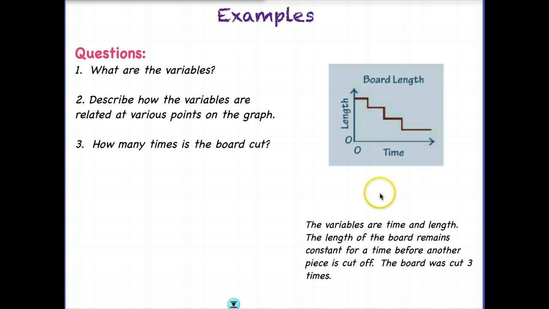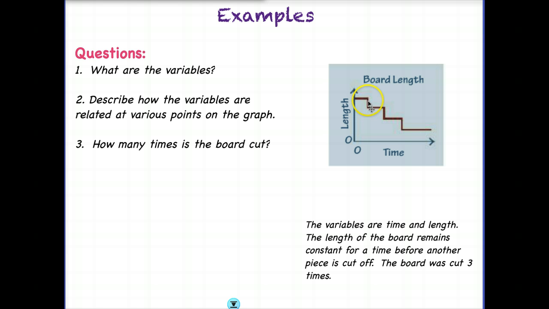Number 2, describe how the variables are related at various points in the graph. Well, if we look here, we start off with our maximum length way up here, right? 0 is down here. We have some length up here, which we don't know. But we know that the length of the board remains constant for this period of time until here. And then what happens? Our length drops down.